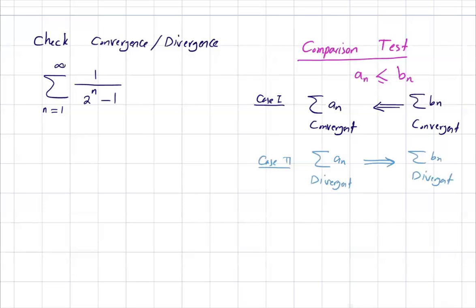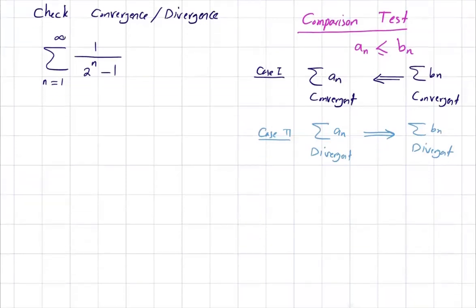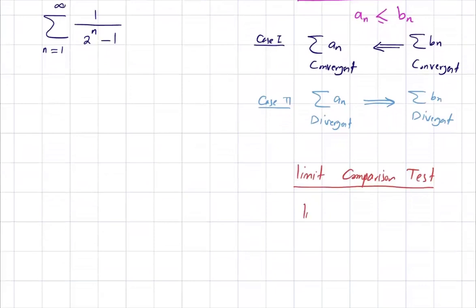Another method that we're going to introduce is comparison using limit, the limit comparison test. In this method, you just take the limit of an and bn. As simple as that: the limit of an divided by bn as n goes to infinity.